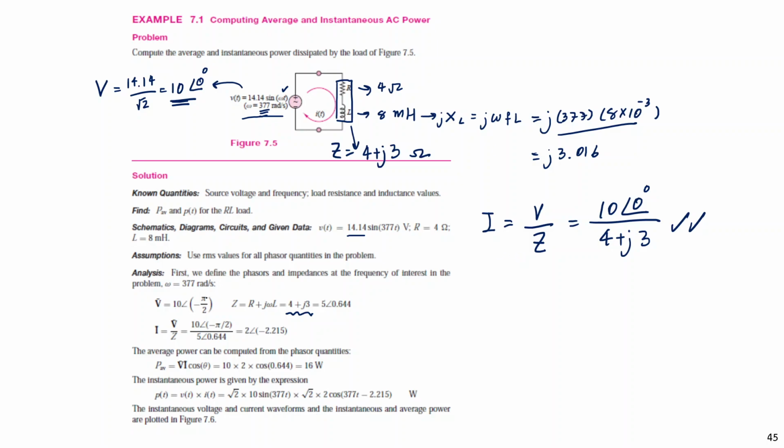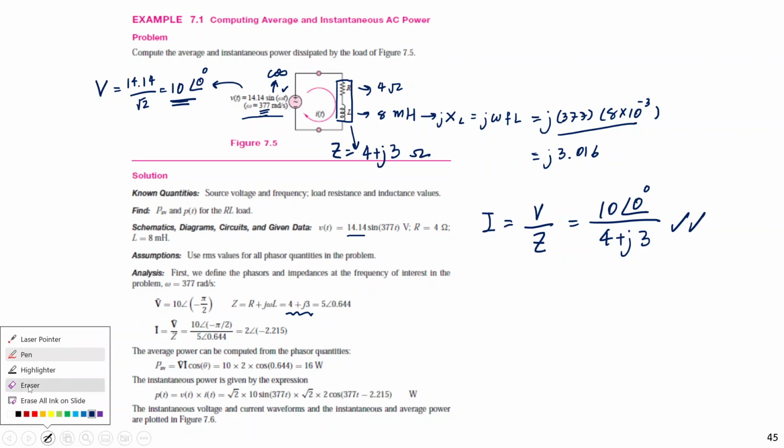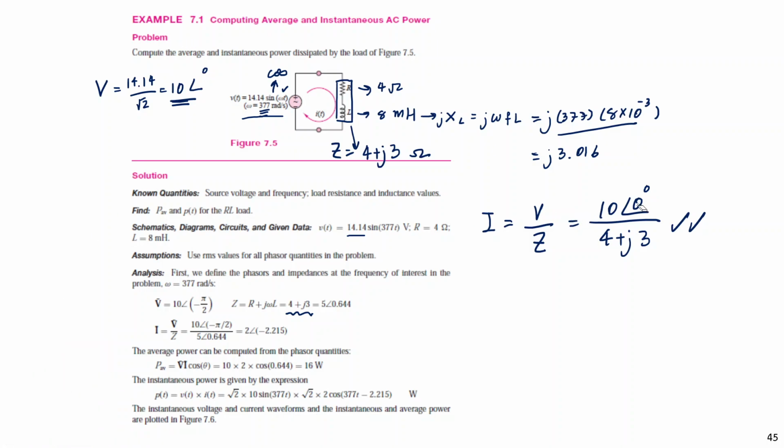Oh, here is sine. Change to cosine form. And the voltage is not zero angle, but it is minus 90 degree.